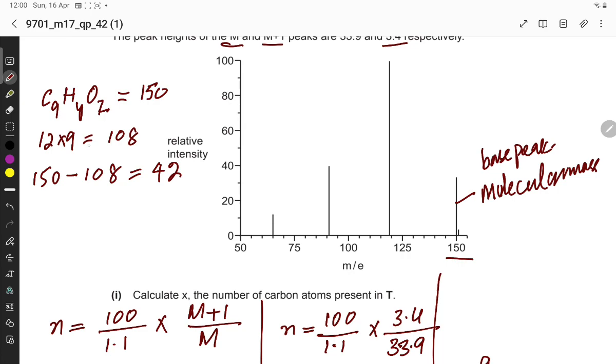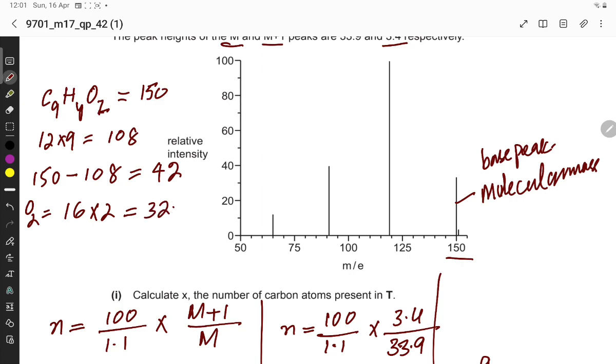Now we can predict the oxygen atoms first and then y. We know that 42 is there, so the number of oxygen atoms can be 1, which is equal to 16. And if the number of oxygen atoms is 2, then it is equal to 32.